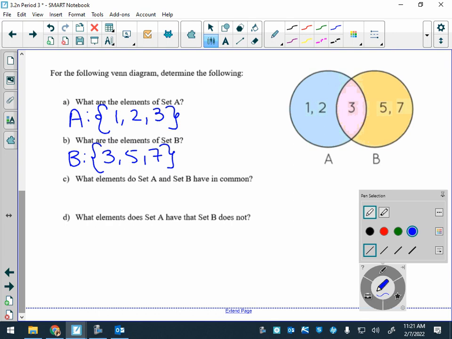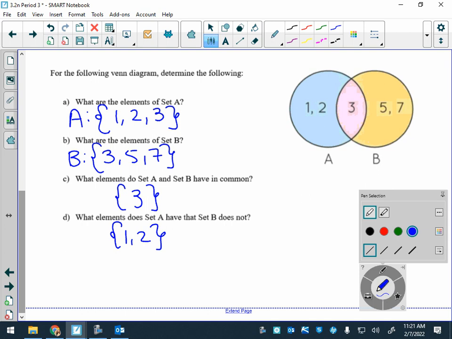Okay, we saw that in set notation. That makes sense. What elements do set A and set B have in common? 3. Okay. What elements does set A have that set B does not? Mustafa? 1 and 2. Okay. All right.